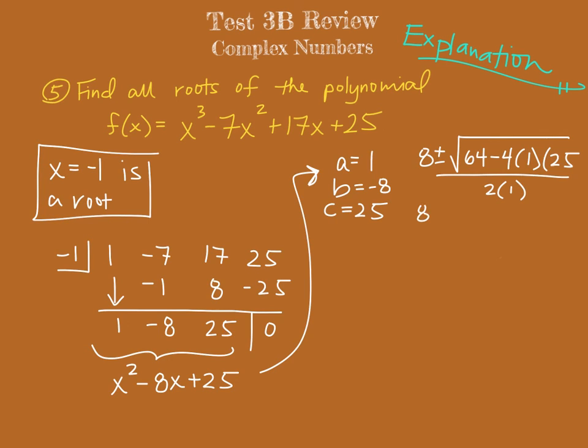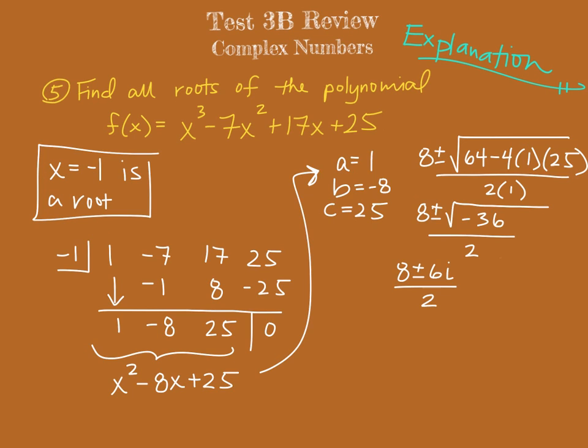Simplifying the discriminant, which is under the root, we're left with 64 minus 100. 64 minus 100 is negative 36. The square root of negative 36 is 6i.